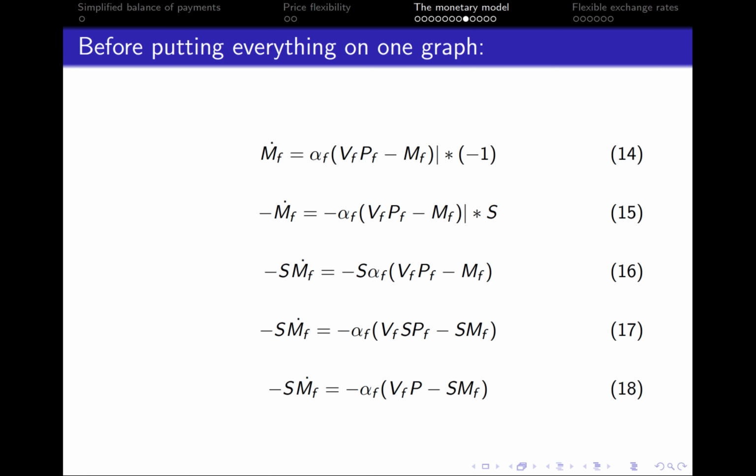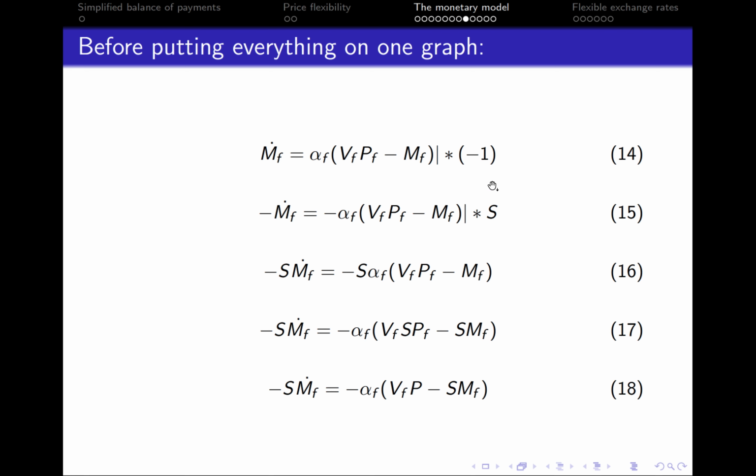The first thing we need to do is to multiply both sides of this equation by -1, because whatever we are gaining, they are losing in terms of money, and vice versa. So we need to introduce a minus. But there is a second problem. This equation is expressed in foreign currency. So before we can depict everything in one graph, we need to make it into domestic currency.